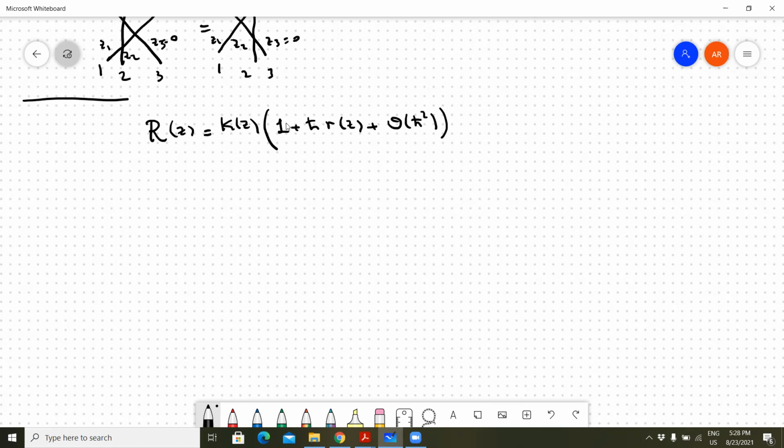And what will happen is that you recover Yang-Baxter when you compute to order H squared. So what we'll do now is, let me write Yang-Baxter here so we can see it, because I will forget the 3 that we don't need.